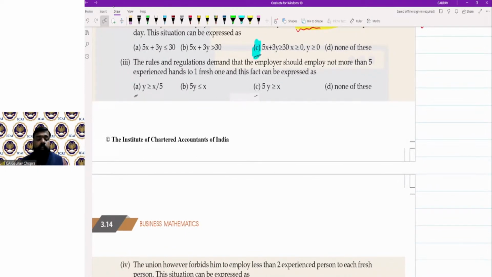The rules and regulations demand that the employer should employ not more than 5 experienced hands to 1 fresh one. And this fact can be expressed as: not more than 5 experienced to 1 fresh hand. Now, how to express this kind of situation?